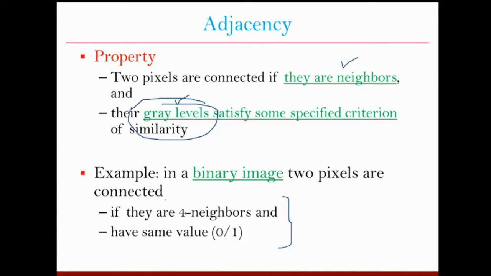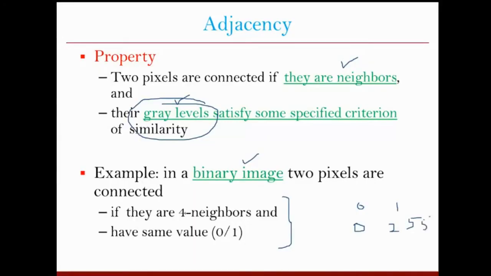So for binary image, it's very simple to say that two pixels can be considered adjacent if they are neighbors and they have either one intensity or zero intensity, because in case of binary image, please remember that the pixel intensity will be either 0 or 1. The binary image will not have the variations. Either it will be black and white image, completely black and white. So either 0 or 1. Or if you are representing your pixels in the range of, let's say, 0 to 255, so you can say that black will be 0 and white will be 255, like that.